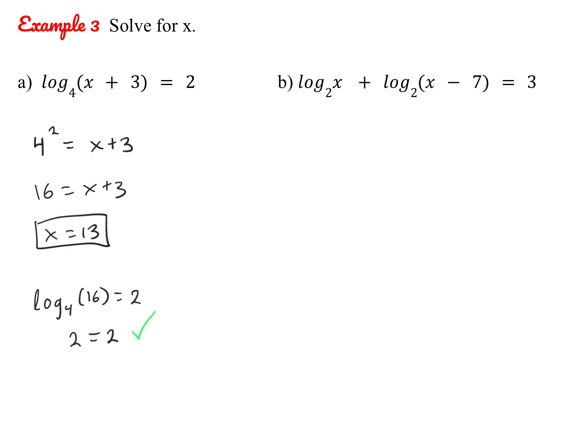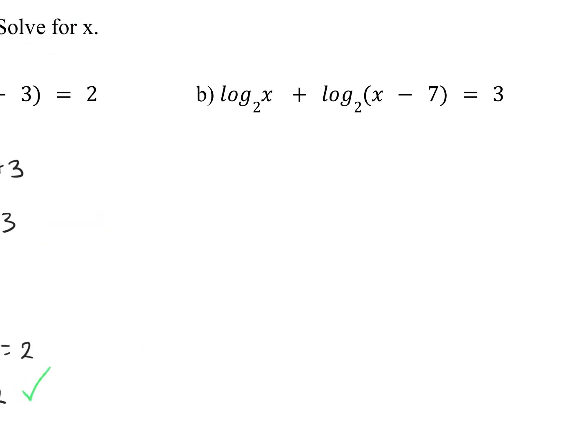Okay, let's look at part B. So for part B, I have two logarithms, so I can't really isolate them now. So I actually have to use my properties of logarithms to condense these two into one. So we can use that product property, and it will become log base 2 of x times x minus 7. So now I have a single logarithm.